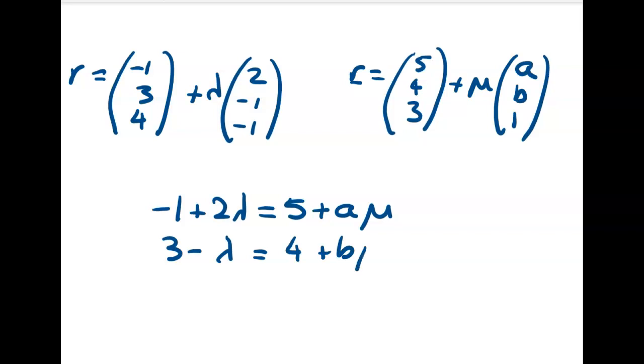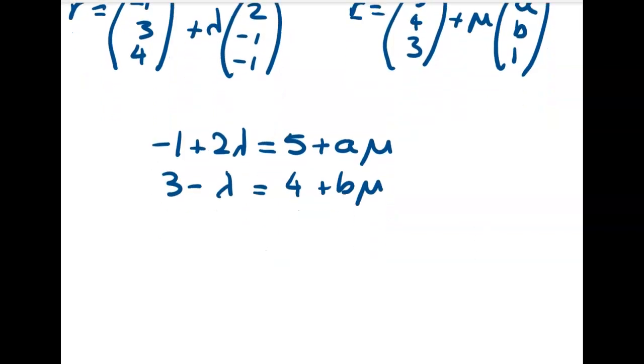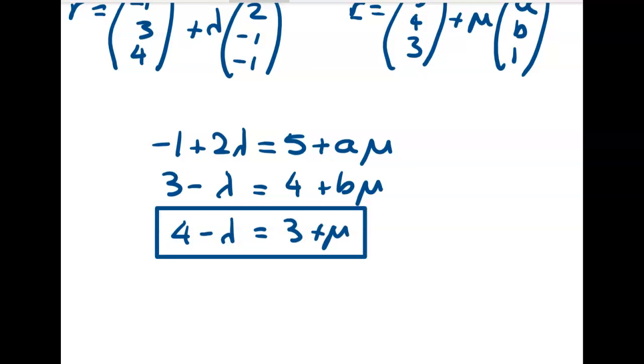If we write those first two out, we see that we've got a, b, lambda, and mu. But when we write out the third one, we've got 4 minus lambda is equal to 3 plus mu. So I decided that this was a good enough place to start eliminating.